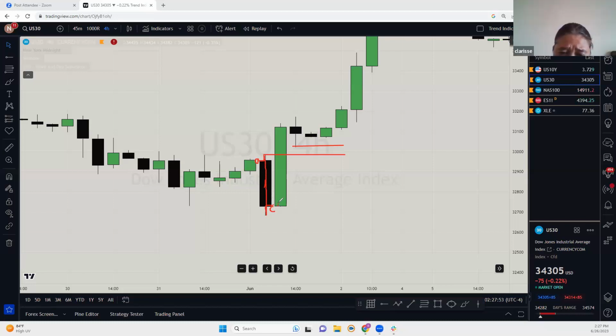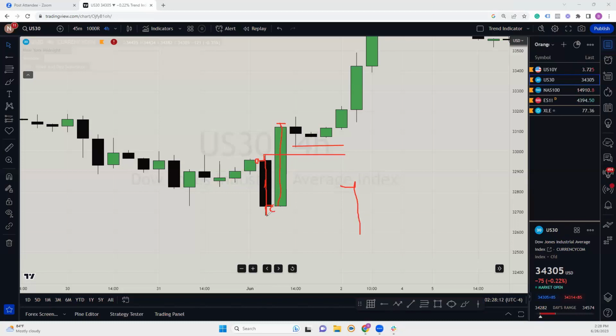Next candle, the buyers come in, they buy up until this high. Now go back to the first candle. What the first candle did was: from the opening price, the market made a high, then the sellers came in to sell down until the low, which is here, and then they went up and closed. So in this black candle we have the sellers in control, because that's why we have a bearish candle. The sellers are in control, that's why the closing price is here.